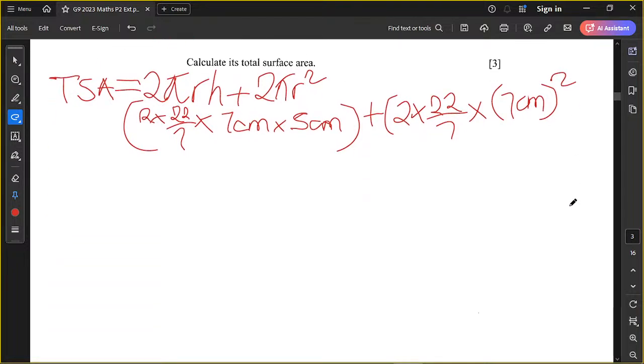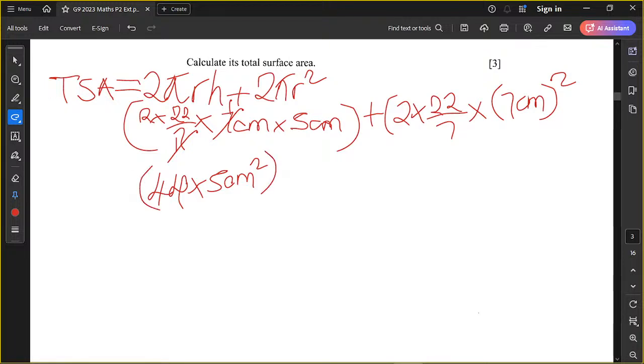Now we have written everything, we have replaced everything. So now we can cancel this 7 and this 7, then we multiply 2 by 22, which gives us 44. Here we are remaining with 1 and here there is 1, so 44 times 5 centimeter gives us 5 centimeter squared.